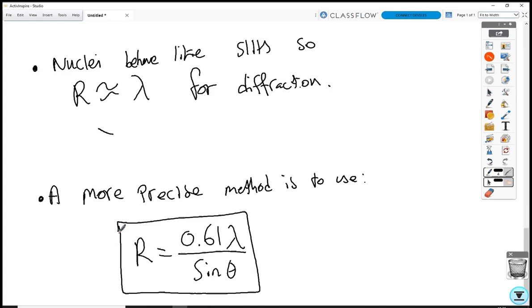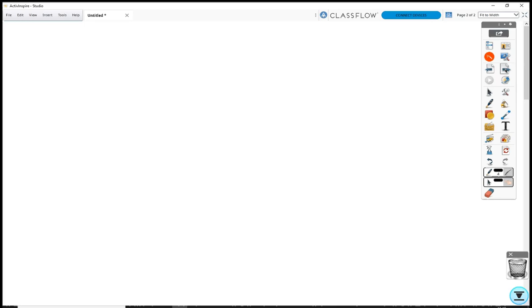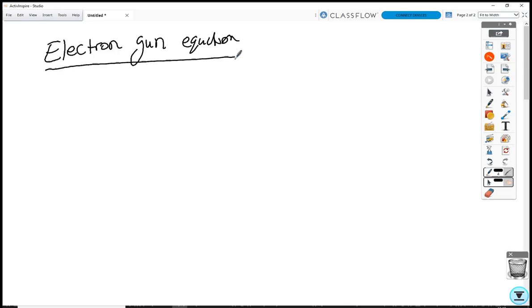Next, we're going to move on to the electron gun equation. So the electron gun, basically, as electrons are emitted from the filament that we drew before, they're not leaving the filament with very much energy. And they're also moving in all directions.